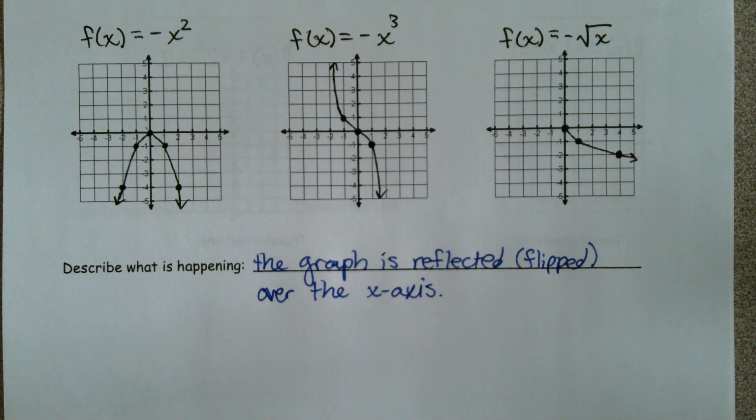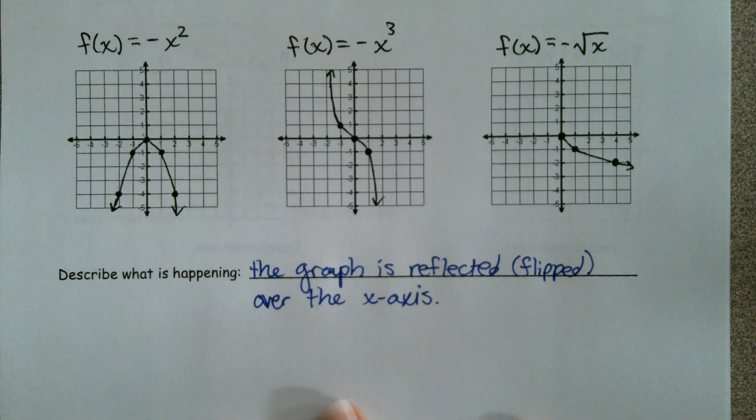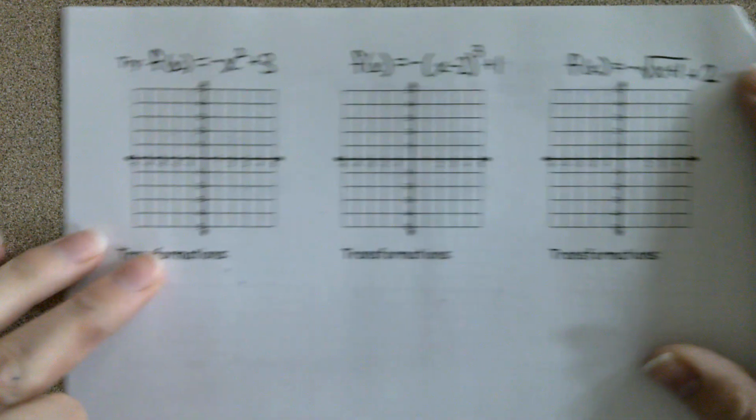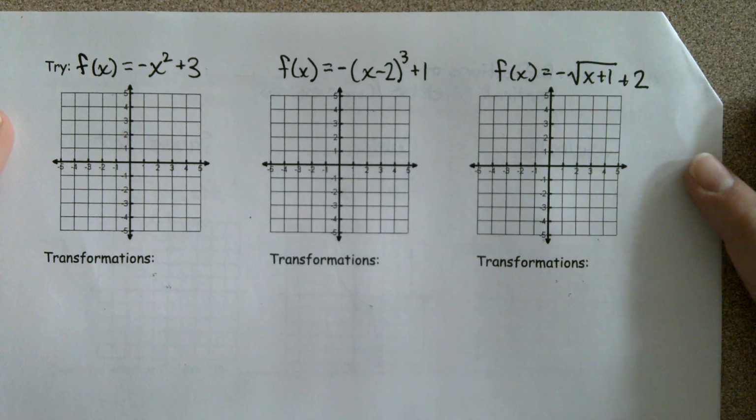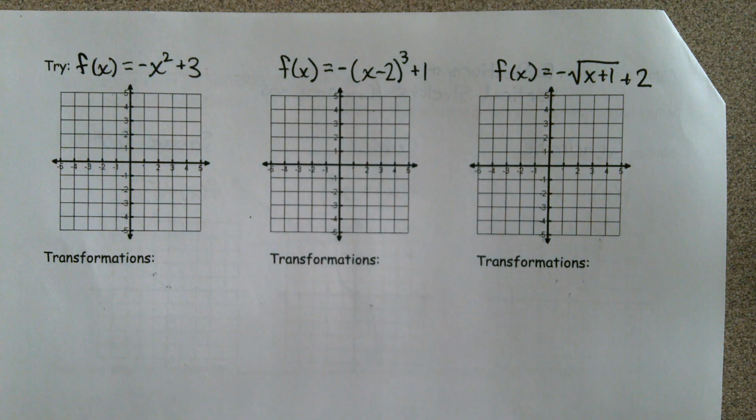And in this class, we'll only be looking at reflections over the x-axis, not anywhere else. On the next page, we're going to practice graphing some of these. There are 5 in total, 1 for each type of function that we've been talking about in this unit.